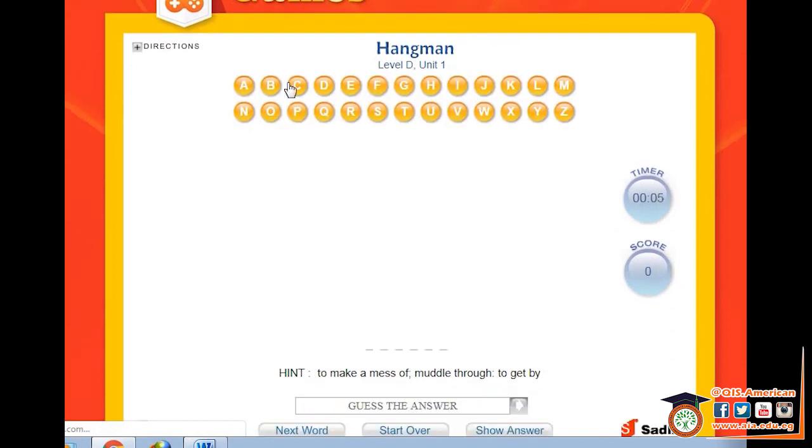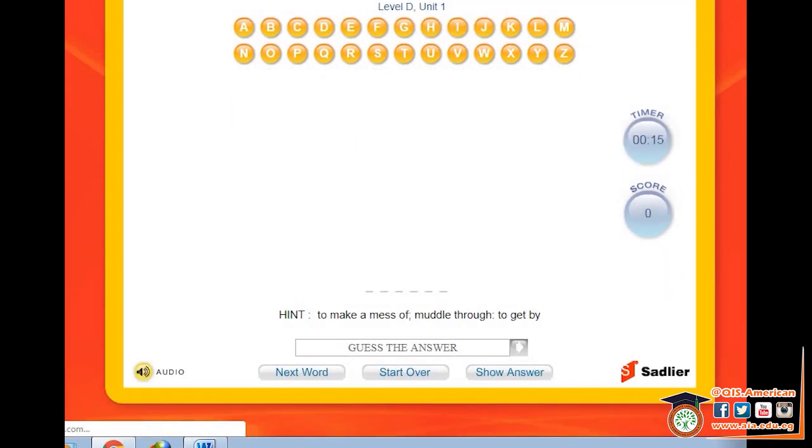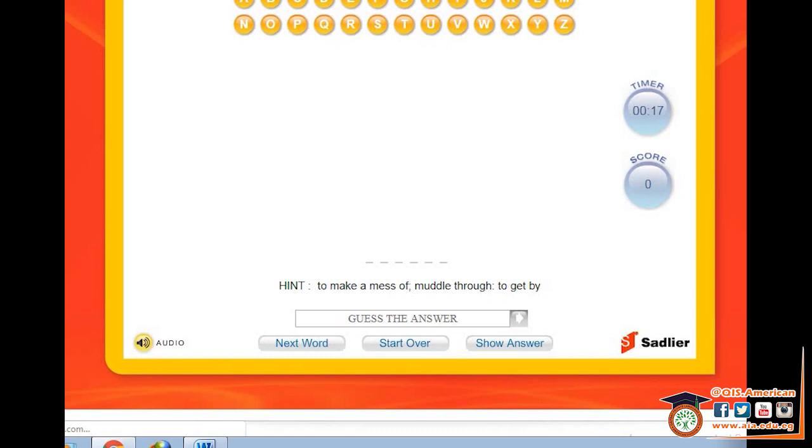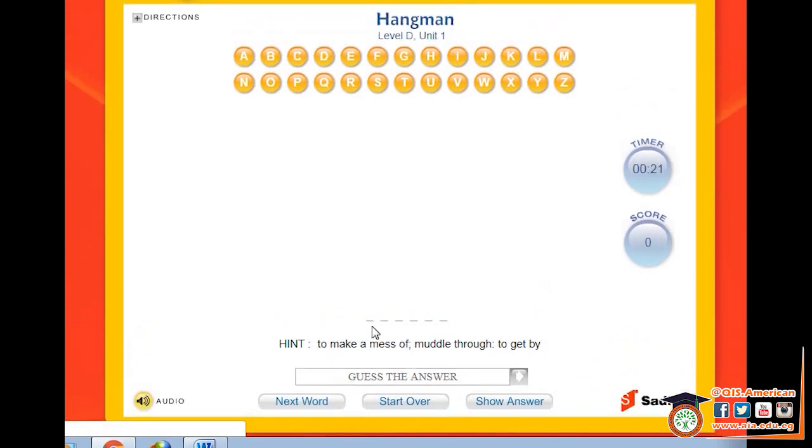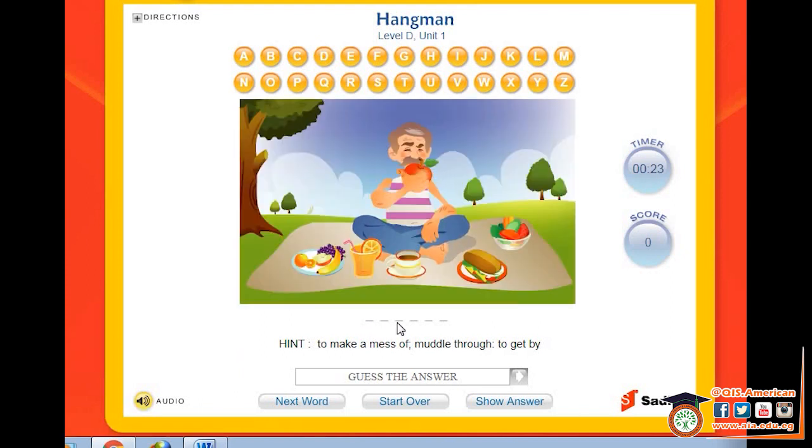Here are the alphabetical letters in order, right? And this is the definition, okay? And these are the number of the letters of the word. So the definition is to make a mess.